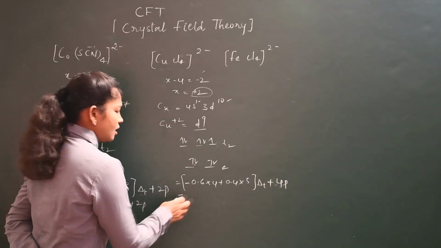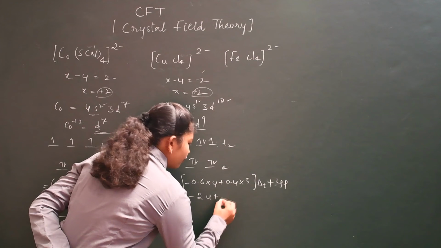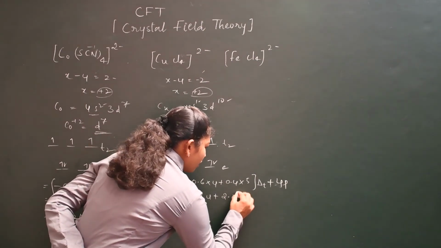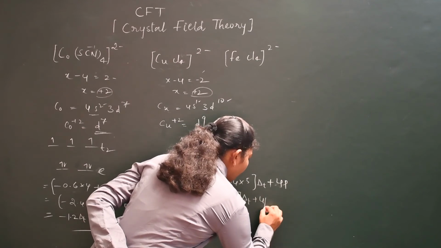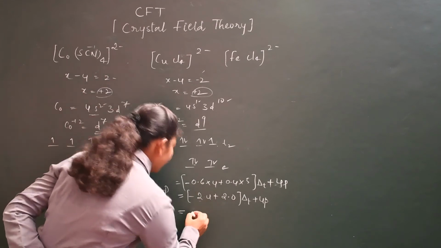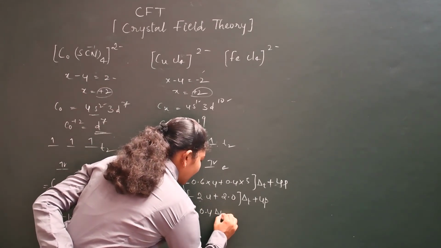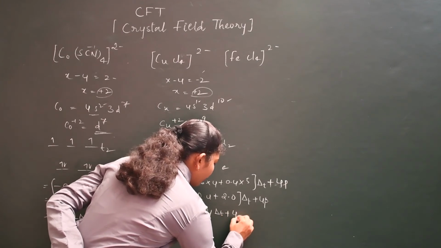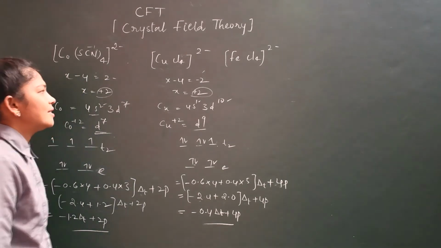Now you write it. 6 4s are 24, so minus 2.4 plus 4 5s are 20, 2.0 delta T plus 4P. So now what happens? 2.4 minus 2.0 gives minus 0.4 delta T plus 4P. So this is the CFSE.